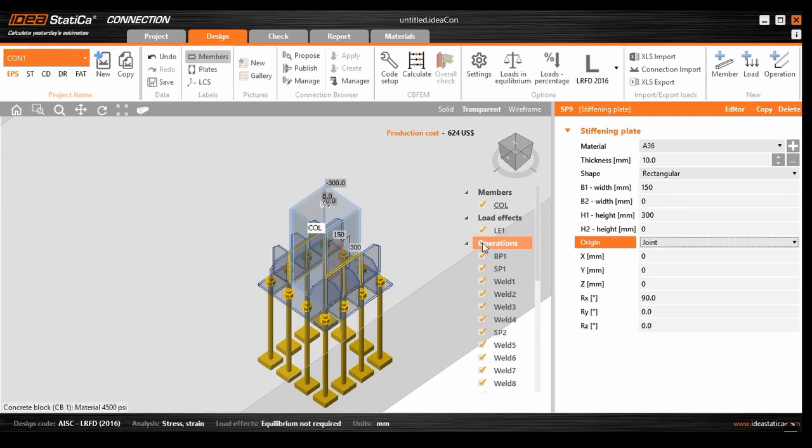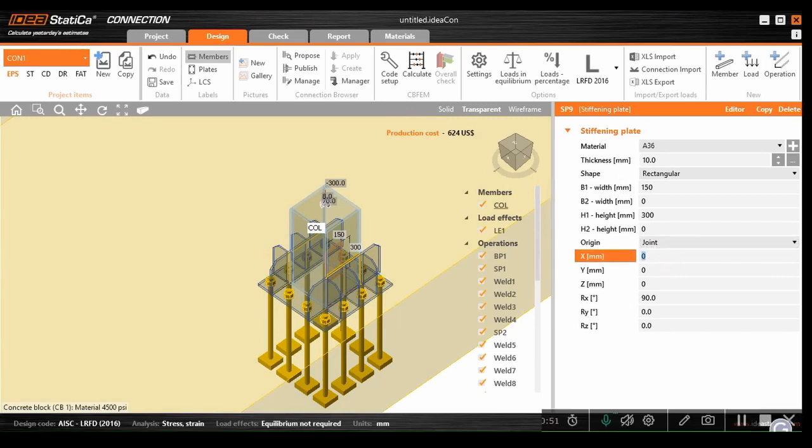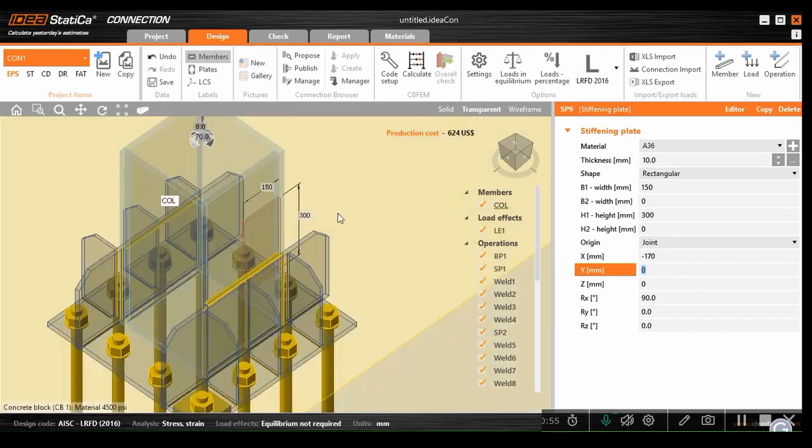Now we need to relocate the plate to its right spot. Change the value of X to minus 170. So as you see, there is a single plate added to the spot here.